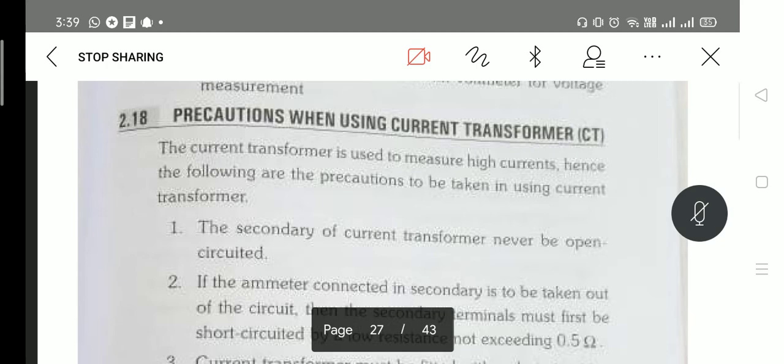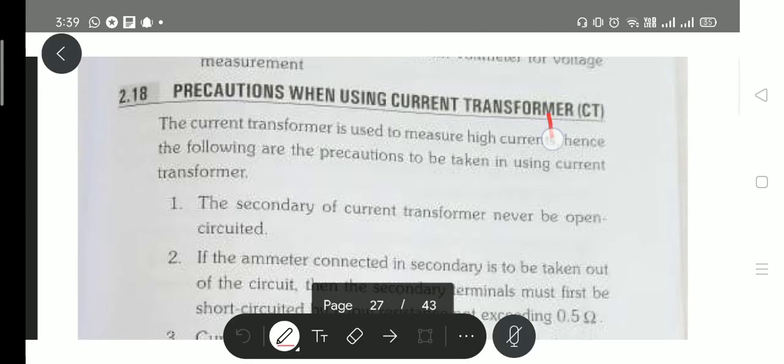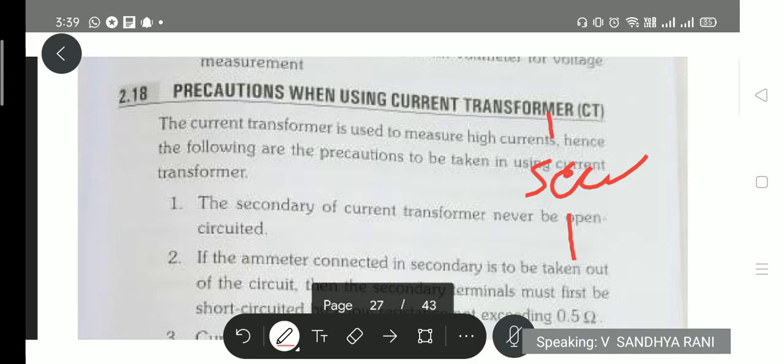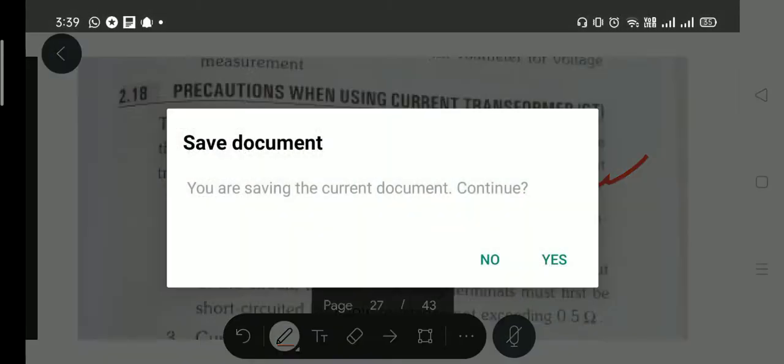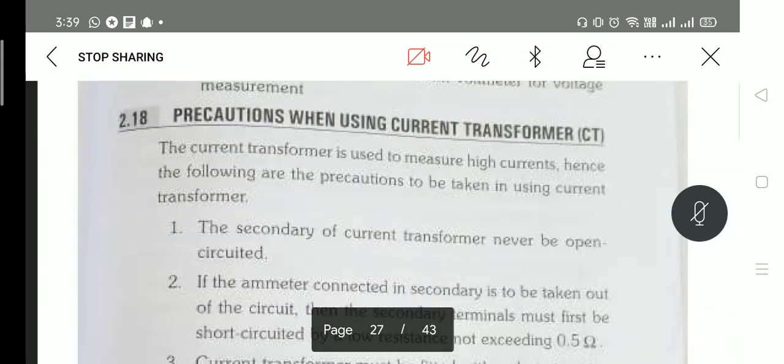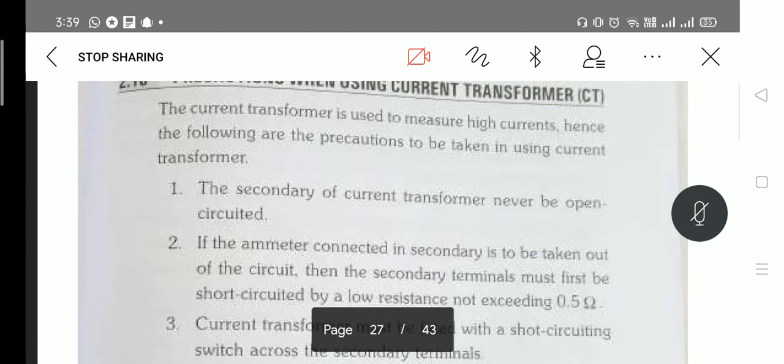In the secondary side we cannot open the circuit. In case we open that circuit, the whole system and the whole instrument will be damaged. So it must never be opened.